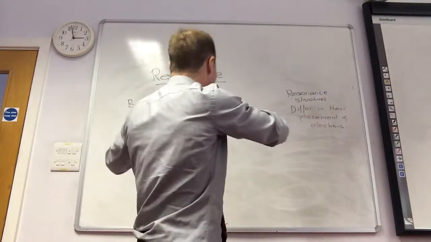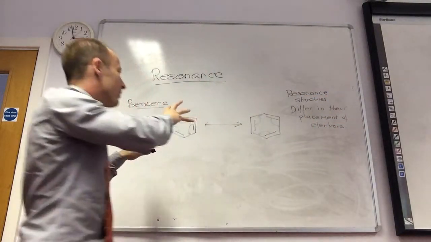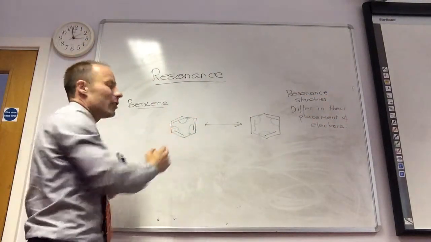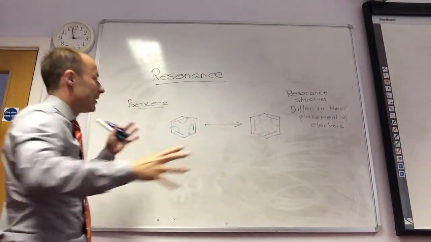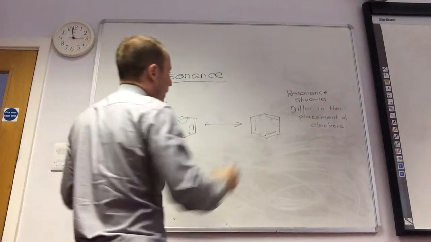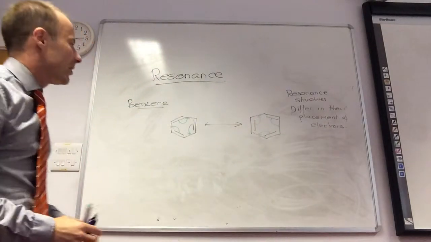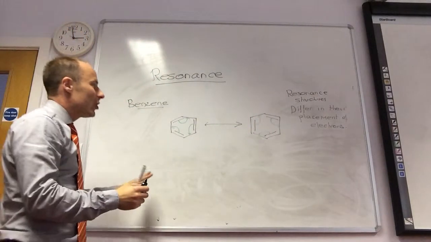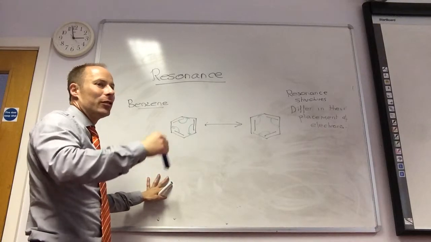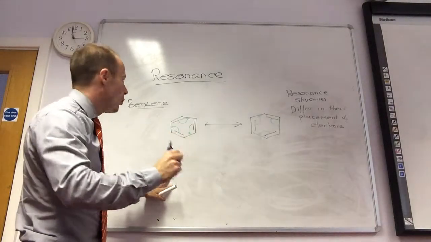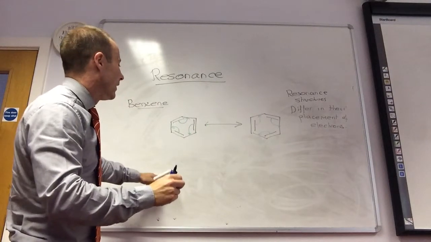When I draw these molecules up, I draw them as static representations. In reality, those carbons are vibrating away, aren't they? And the hydrogens are all vibrating, the molecules moving around. But I just show this as a static picture. And this shows the movement of a pair of electrons in a covalent bond. So that's one way that we can do it.